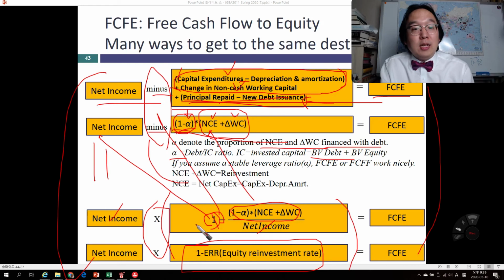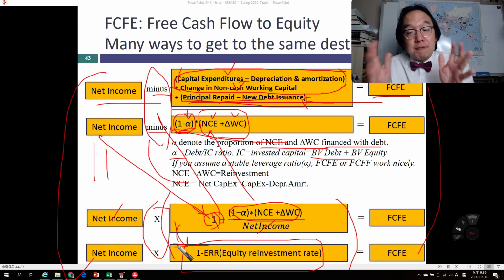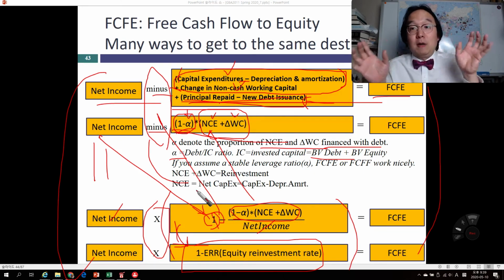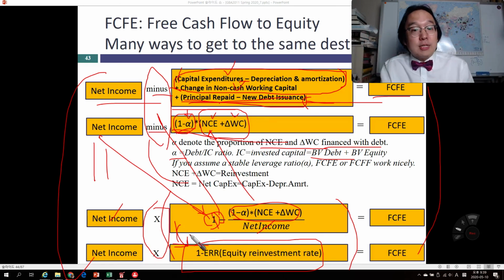Why do we need the third equation? Because we want to get to the most simplified equation in FCFE. What is that? All these ugly terminologies and all these ugly mathematical items reduced down into equity reinvestment rate.